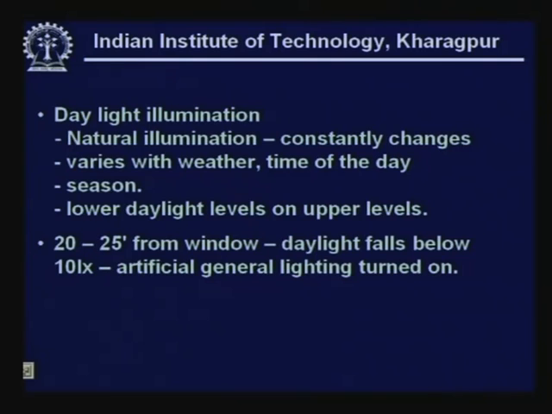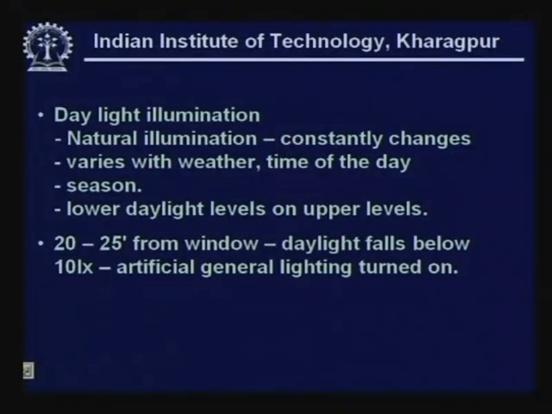So, it is observed that around 20 to 25 feet from the window, the daylight essentially falls. So, the window height has to be kept in mind, keeping in view whether it is possible to locate windows on both the opposite walls, and the width of the room.